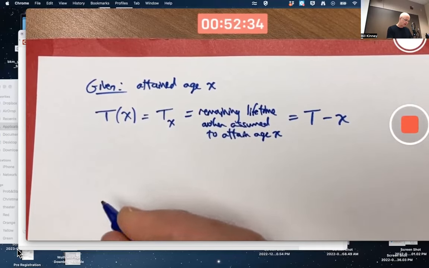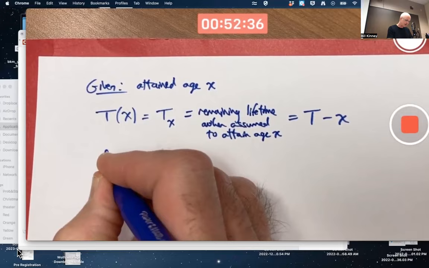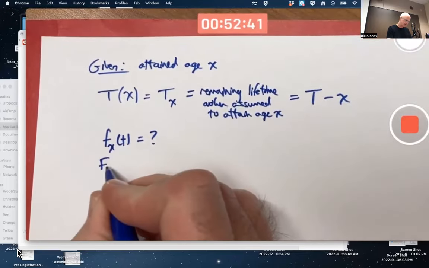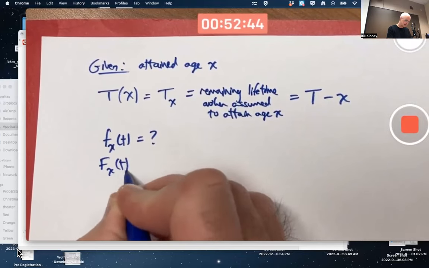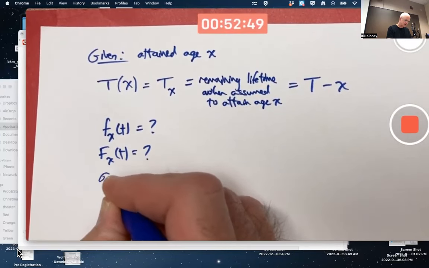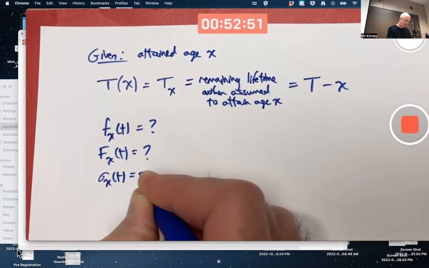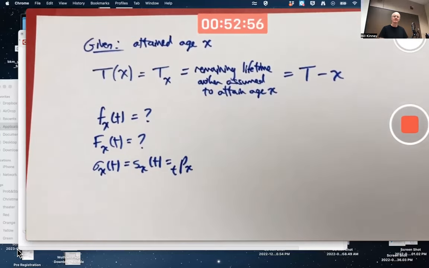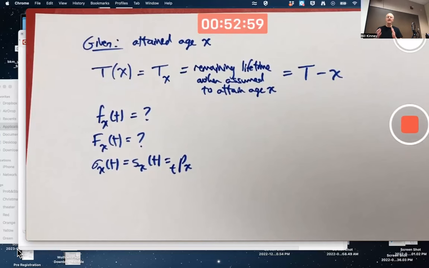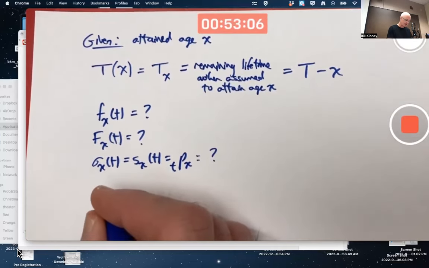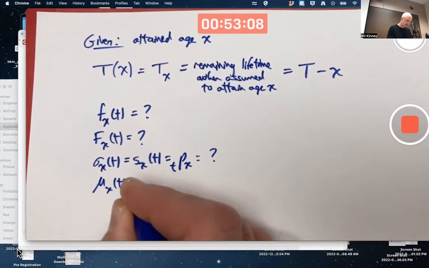So we're wondering, for example, what is the PDF, f sub x of t? What is the CDF, capital F sub x of t? What's the survival function? Sigma sub x of t, or if you prefer, S sub x of t, or most standard, tPx. Think of x as fixed. Think of t as the variable in all these. What does that equal? And how about the force of mortality, mu sub x of t?